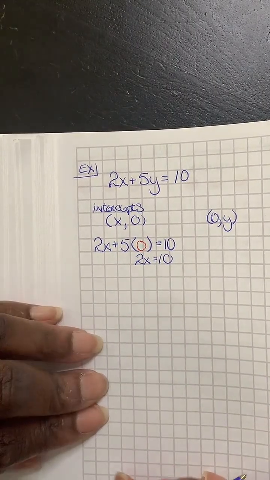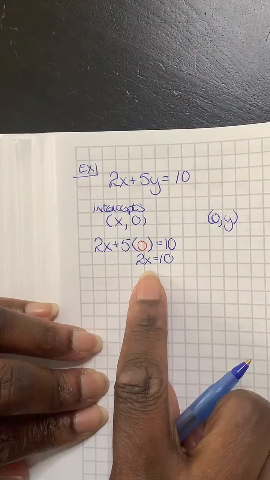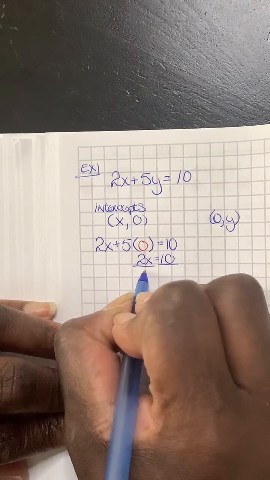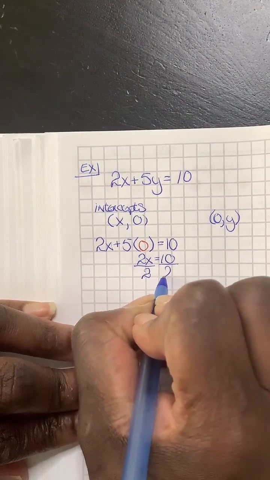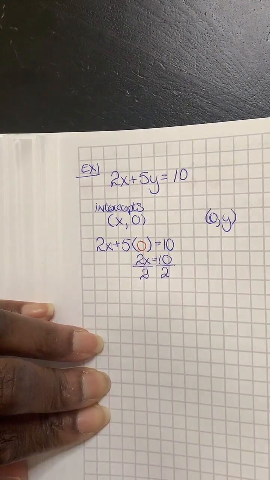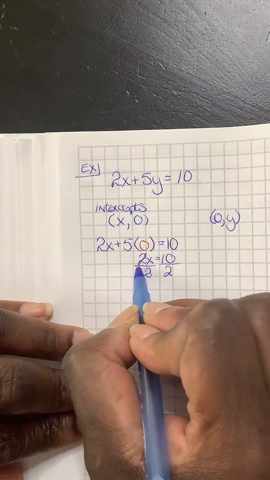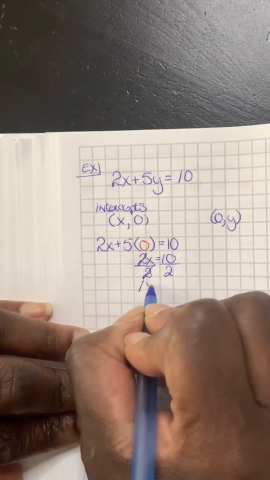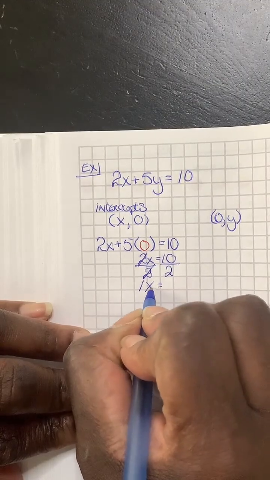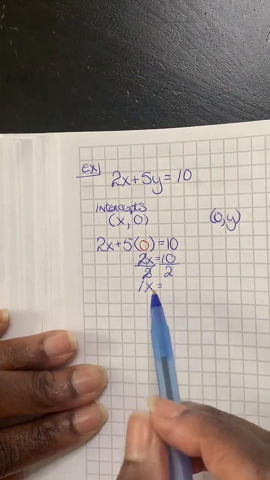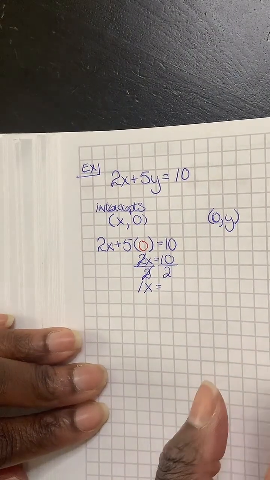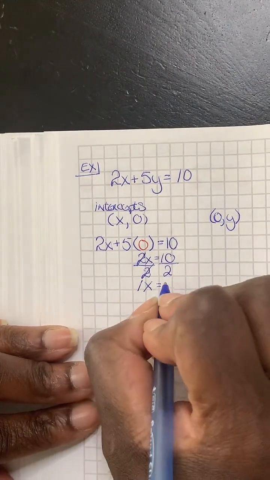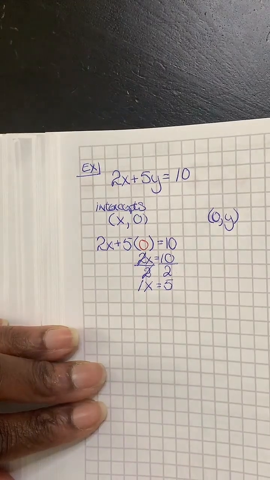So what we should do is divide both sides by 2. 2 divided by 2 gives me 1, so 1x and x, same thing. Now, 10 divided by 2, that gives me 5.